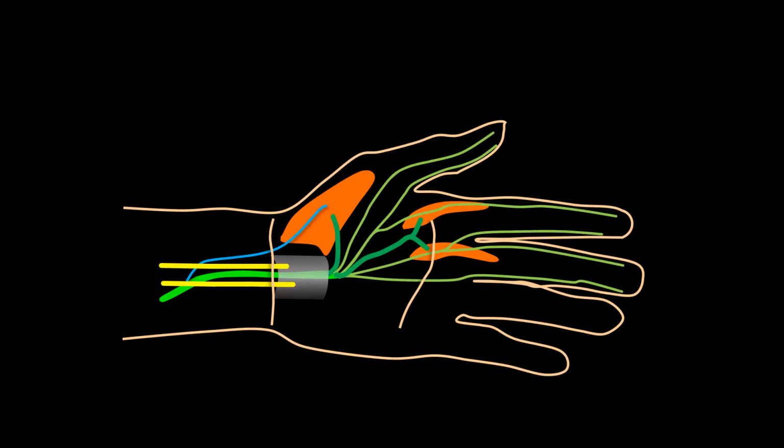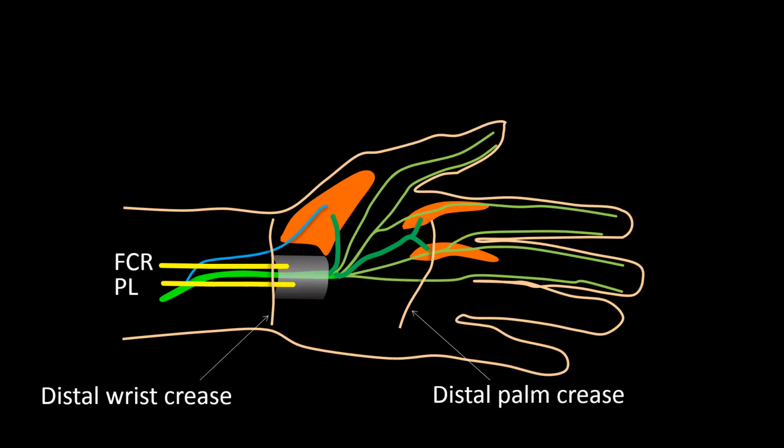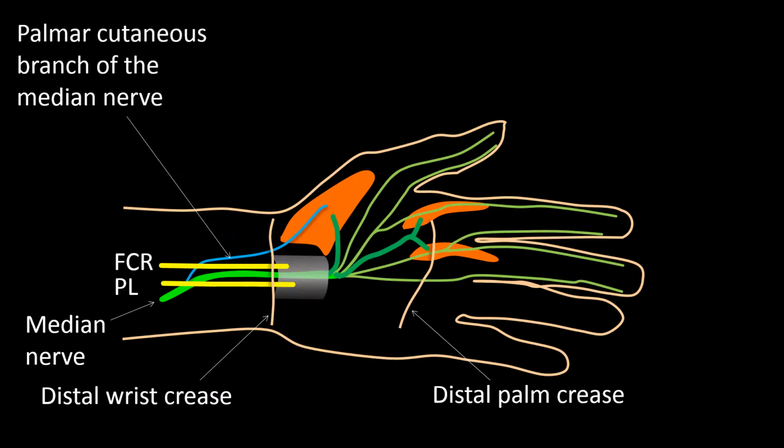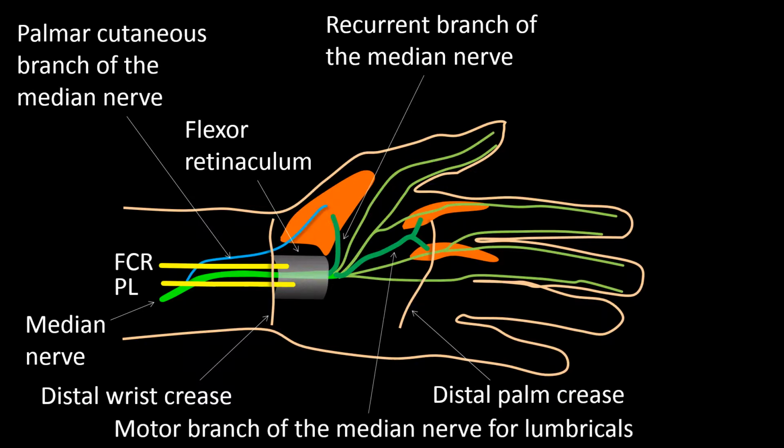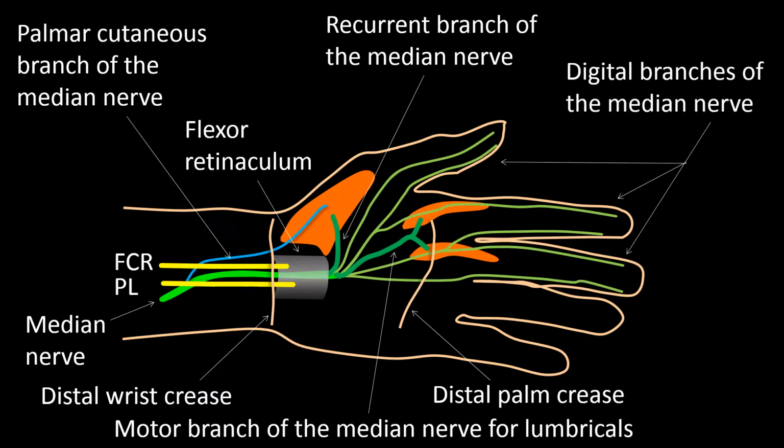In it, you can see the flexor carpi radialis tendon, the palmaris longus tendon, the distal wrist crease, the distal palmar crease, the median nerve, the palmar cutaneous branch of the median nerve, the flexor retinaculum, also called the transverse carpal tunnel, the recurrent branch of the median nerve, the motor branches of the median nerve for the first two lumbricals, and the digital cutaneous branches of the median nerve.